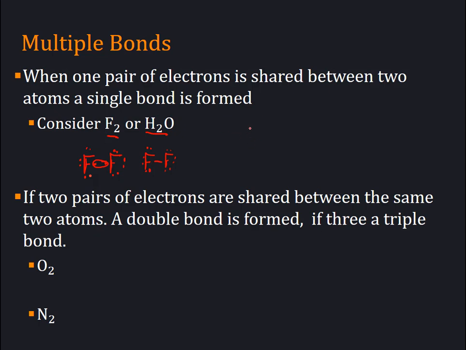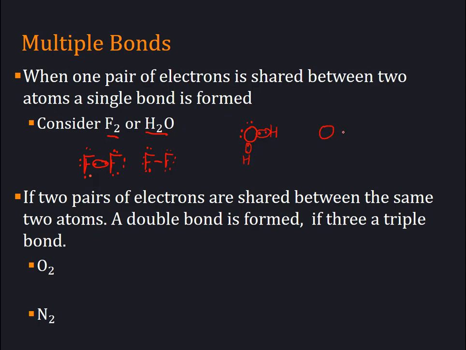Water does the same thing. If we start with oxygen, it's a group 6 element, so it's got 6 valence electrons. We can see it's got 2 unpaired electrons, so 2 places it can form a bond. Hydrogen is special. Remember, it only needs 2. It's trying to look like helium. It only has 2 electrons in the first energy level. So these two can share, and then another hydrogen can share right here. This is still single bonds because even though oxygen is making 2 bonds, it's with separate atoms.